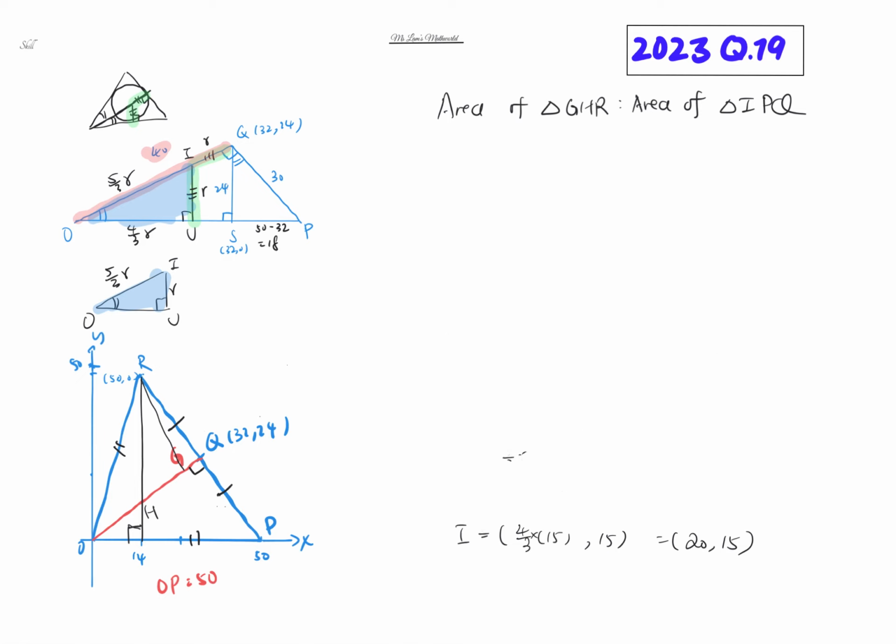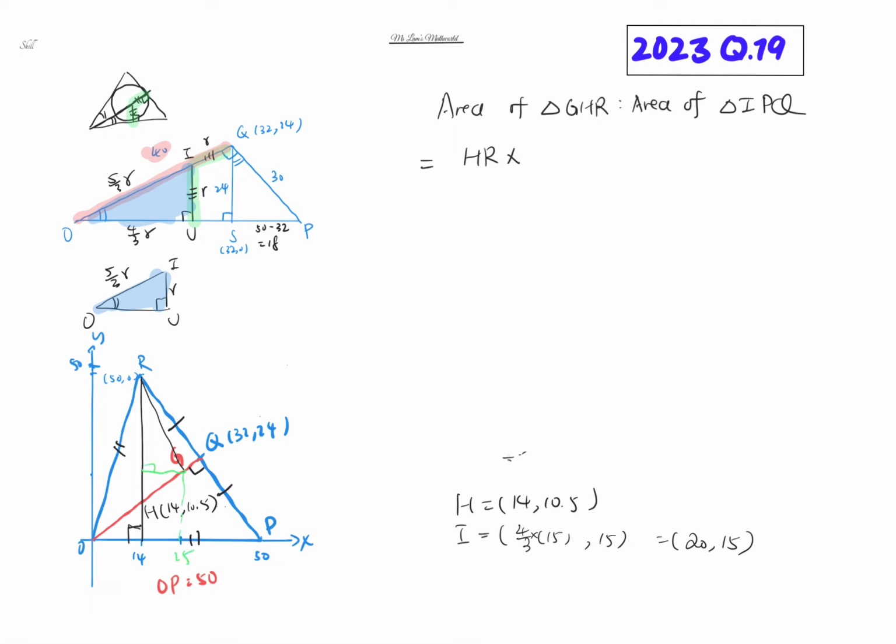Alright, now let's copy the information back. H is equal to 14, 10.5, right? So you have HR times the distance here.